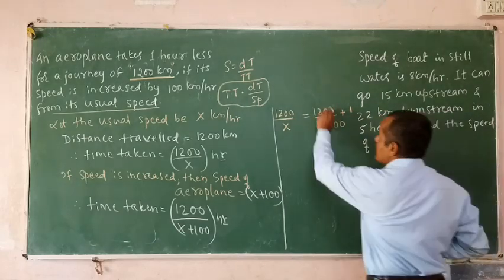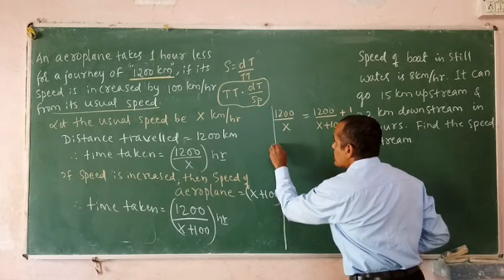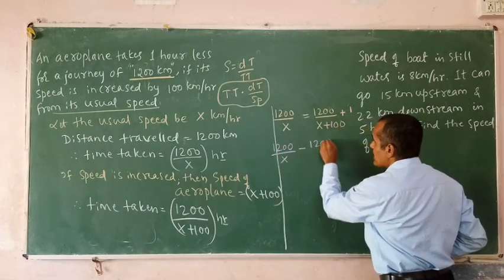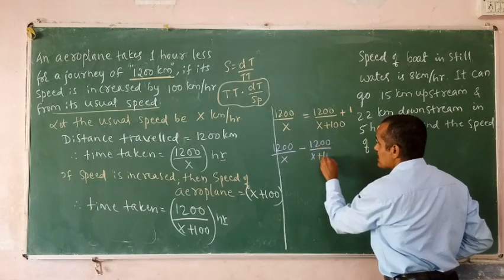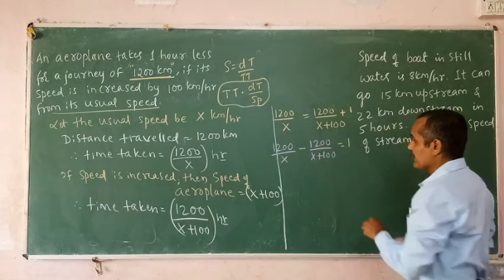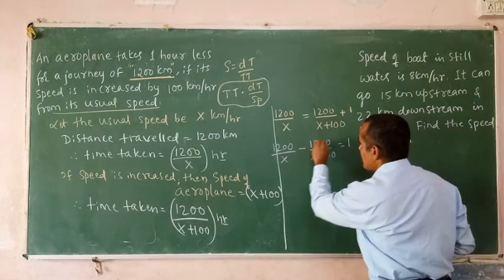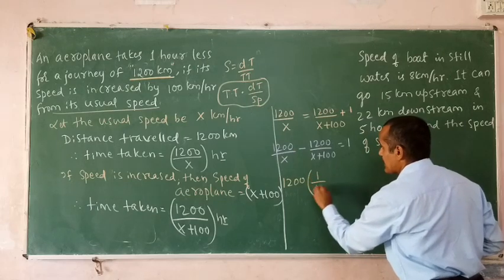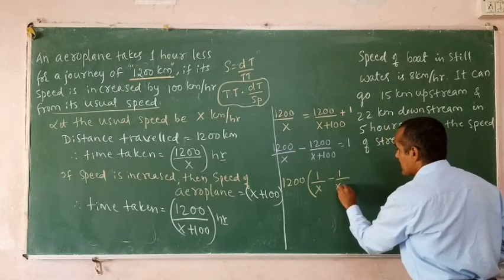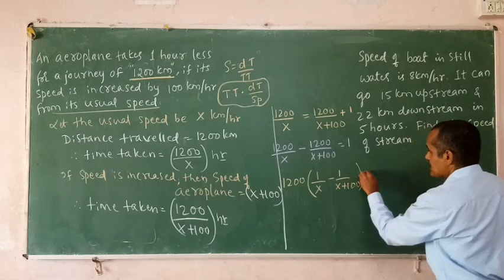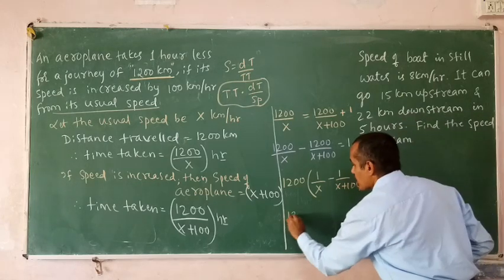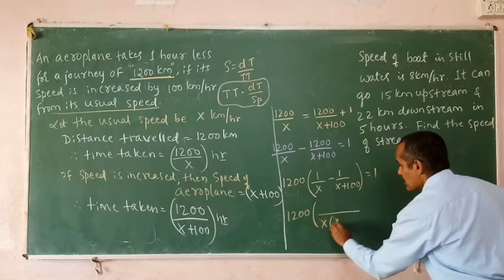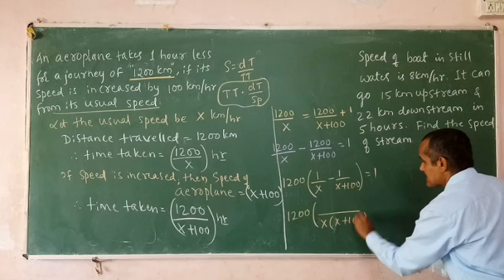What will I do next? Shift it to the LHS. 1200 divided by x minus 1200 divided by x plus 100 is equal to 1. I will take 1200 common into bracket: 1 by x minus 1 by x plus 100 is equal to 1. 1200 into bracket, take the LCM. x into x plus 100 is the LCM.